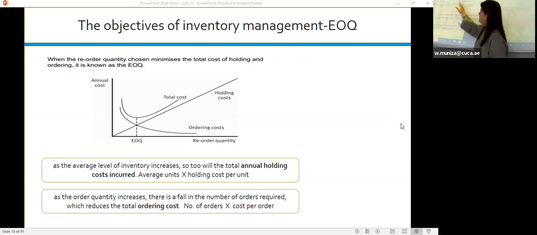The ordering cost and reorder quantity have a negative correlation, whereas the reorder quantity and the holding cost have a positive correlation. Economic order quantity is the point where the graph of holding cost and ordering cost cross each other. And this is the point where total cost is minimum. So this is EOQ, economic order quantity.